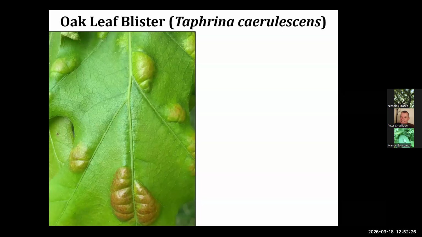Increasingly here in the Northeast, we're seeing oak leaf blister. This tended to be more of a Southeast, Mid-Atlantic disease, and more and more I am seeing it on both landscape oak and some forest oaks. Here are the early stage symptoms of the disease, this greenish, slightly reddish blistering that is developing on the leaves as they're maturing.